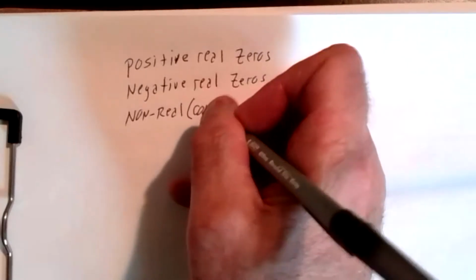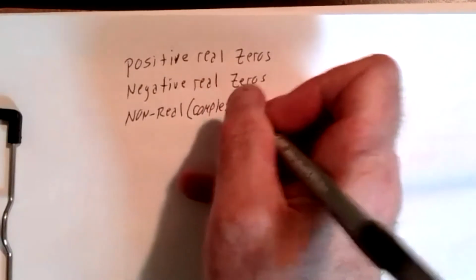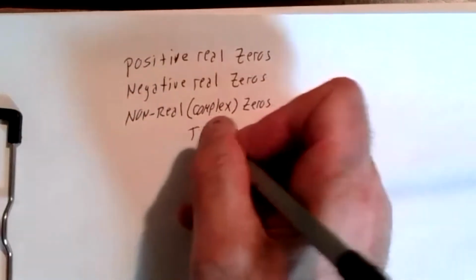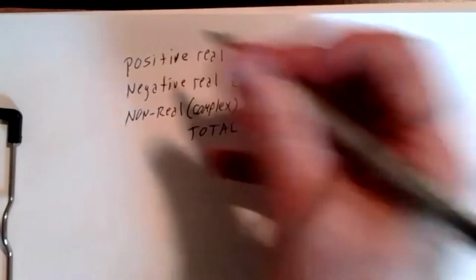Non-real means complex, where you would see i. And then we're going to have a total row down here. Make a little table here.